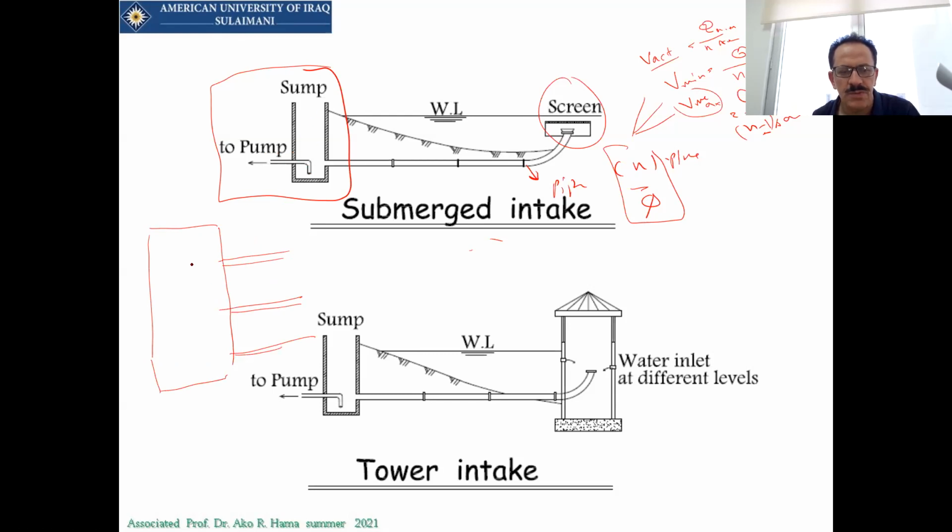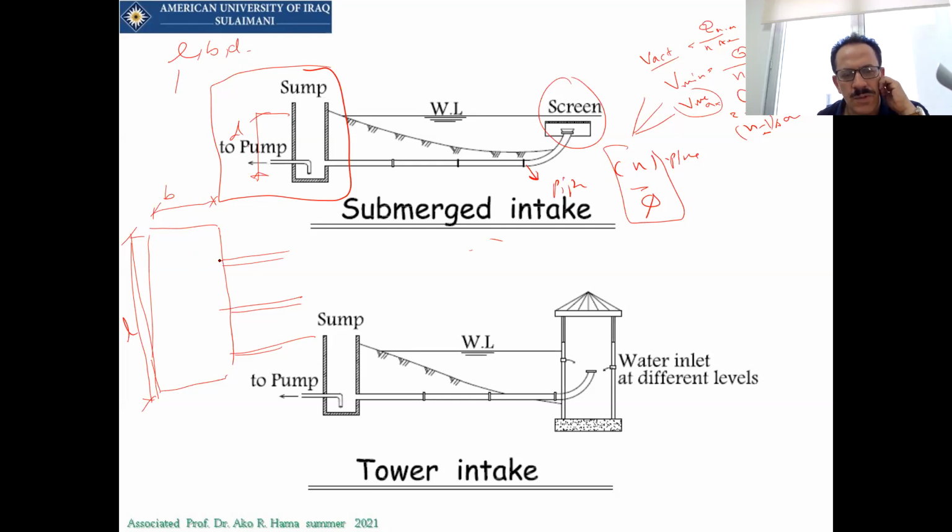Then this is the length. Usually it's concrete. This is the length, this is the width or B, and there will be a depth. So the question is, how much are L, B, and D?